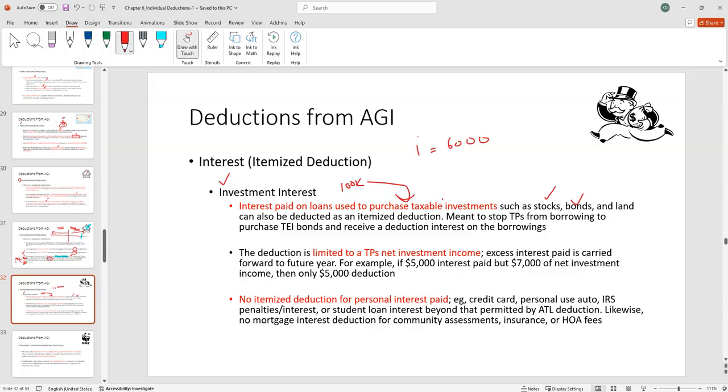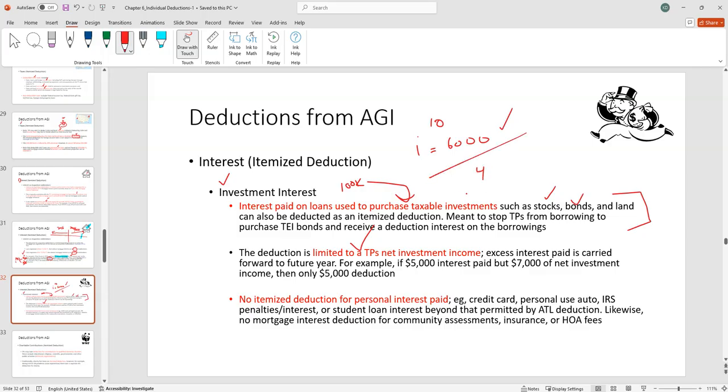You can deduct this interest as an itemized deduction if you itemize, but there is a cap to it. It's limited to the taxpayer's net investment income. So if you have $6,000 of interest that you paid, but on all this stuff you got, your net investment income was, let's just say, 10, you could deduct all 6.